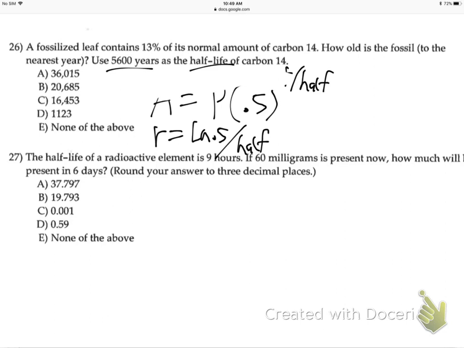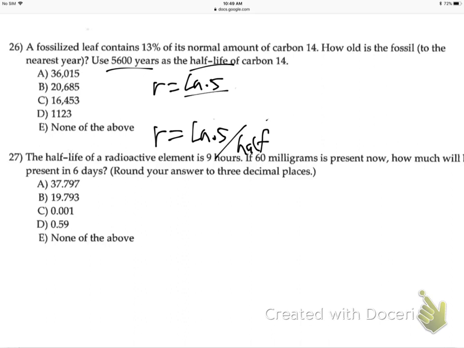Yeah, so I gave you a shortcut on a half-life. You can do it the long way, it'll work the same. But on any half-life problem, R is going to be ln 0.5 over the half-life. So R is ln 0.5 over 5,600. I gave you a shortcut to jump right to the R.